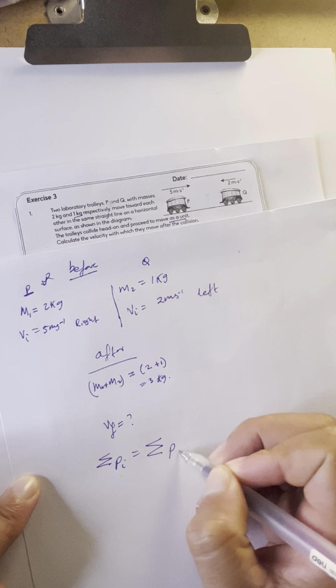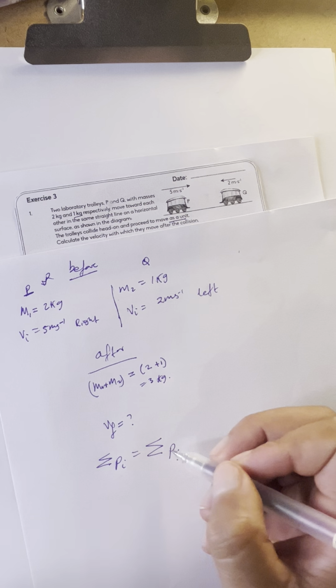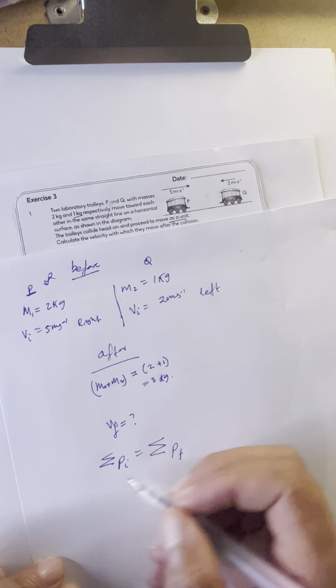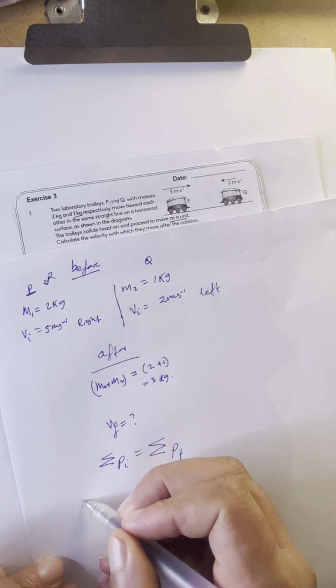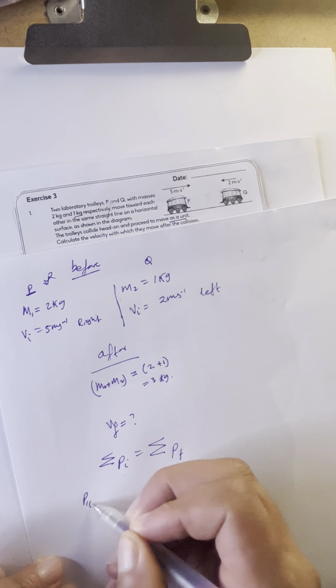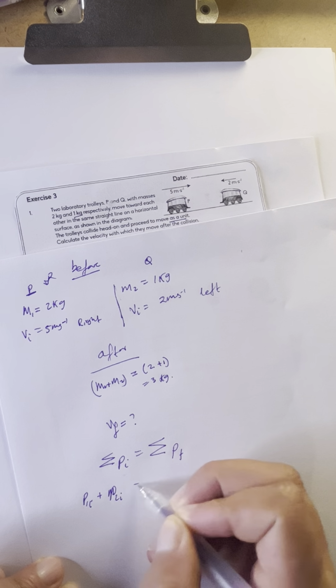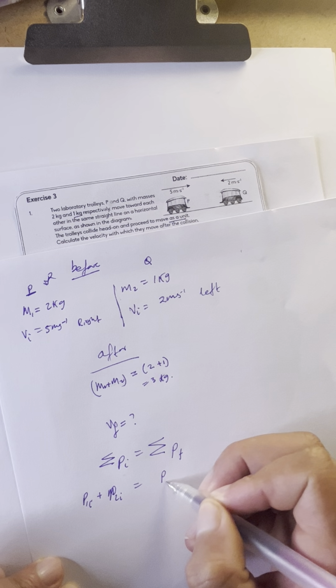People, this is not a P, it's not an E. It's the Greek letter sigma, which denotes the sum of several things. So the sum of momentum before collision, they're separate, so it will be momentum of 1 plus momentum of 2 equals total momentum of 1 plus 2 final.